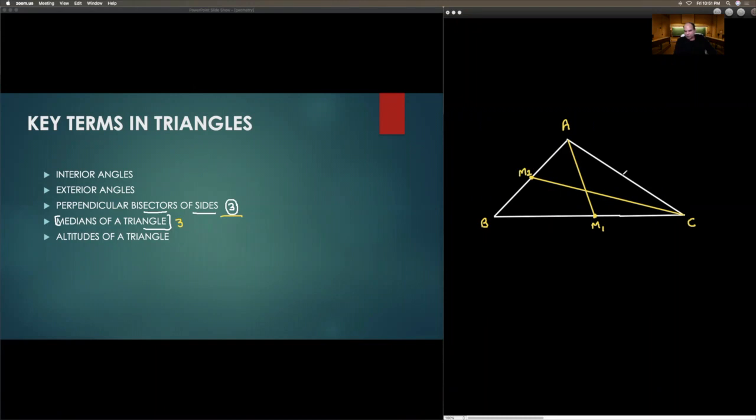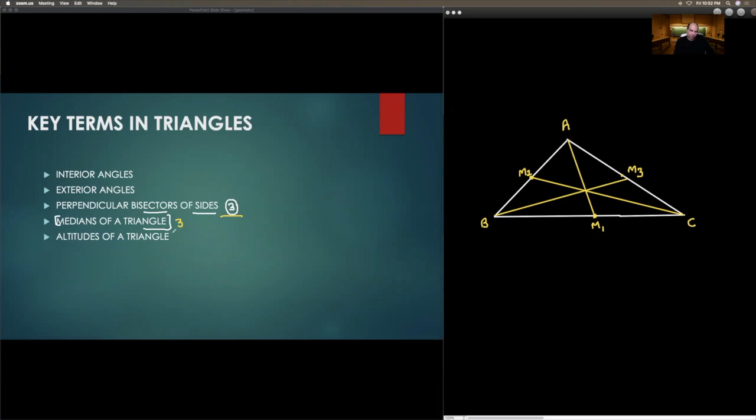And likewise, if this is my third median, the way it would get drawn, I have to play here on my picture, but essentially this will have to pass through the same point, right? They will all pass through the same point. So this is my midpoint M3 on AC, right? And these are my three medians of the triangle.